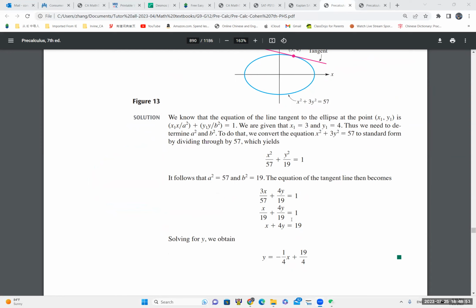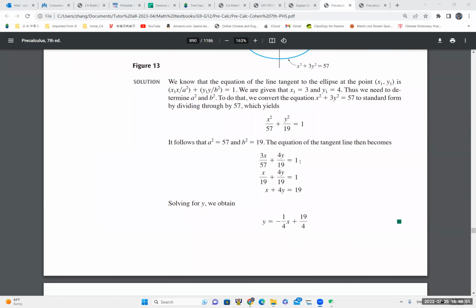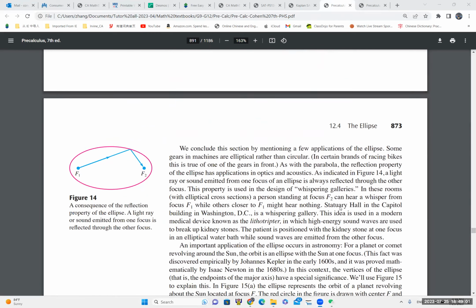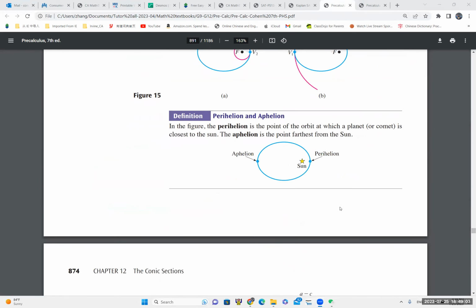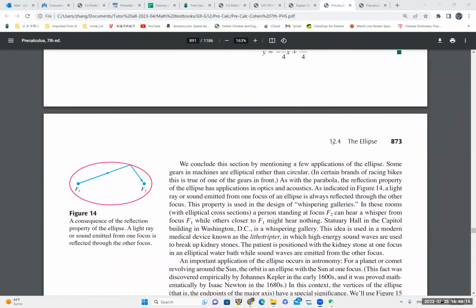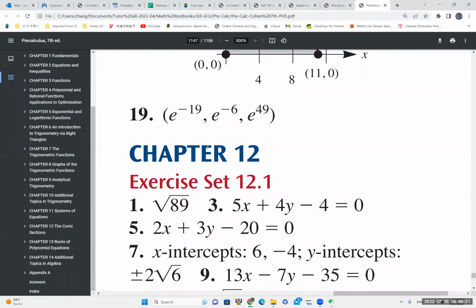Which will help us get a square and b square. But where did it mention this? Suppose in section 12.1. Let's go back and look.